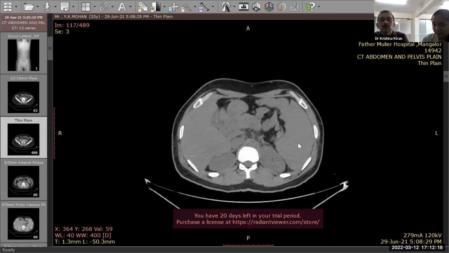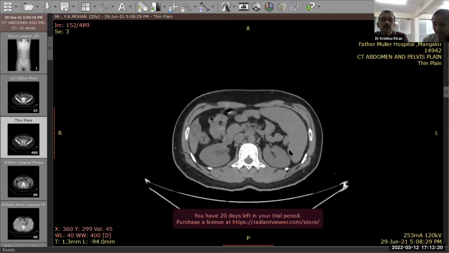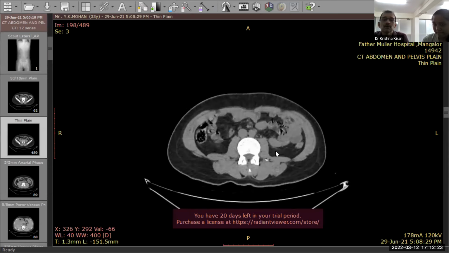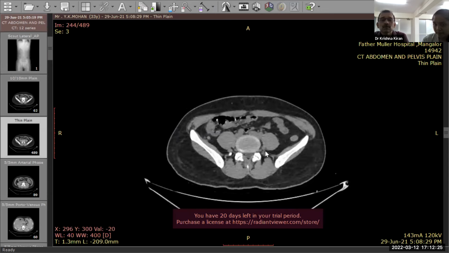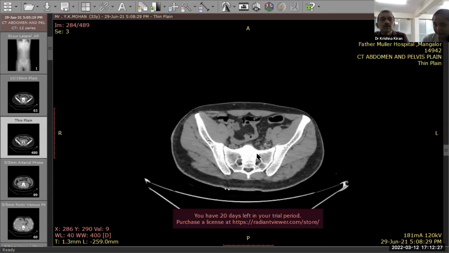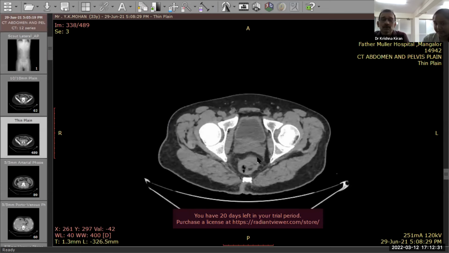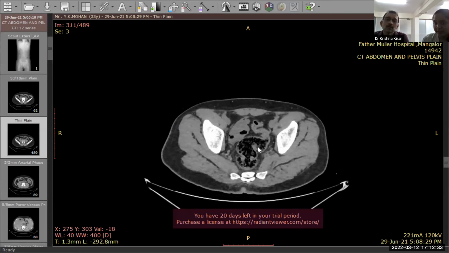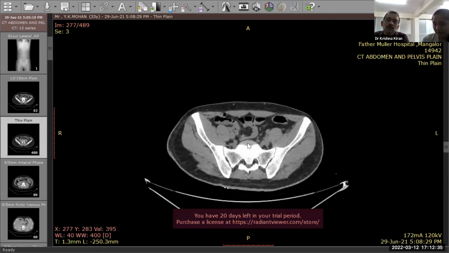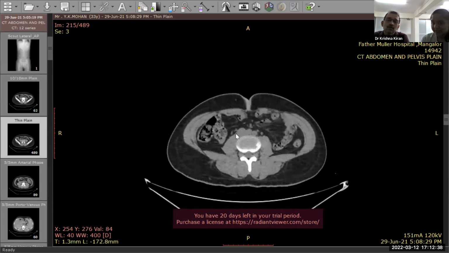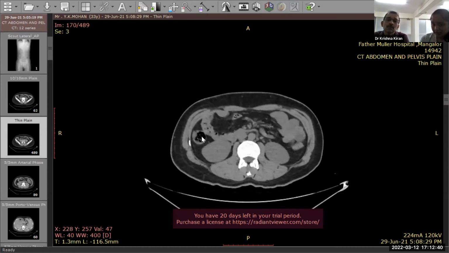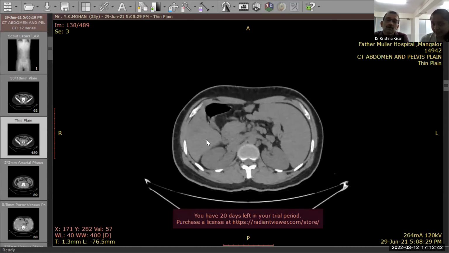There is also splenomegaly. There are few vascular calcifications and prostatic calcification. There is no ascites. There is no hyperdensity within the liver, and no calcifications seen.